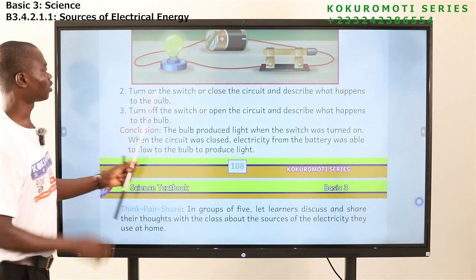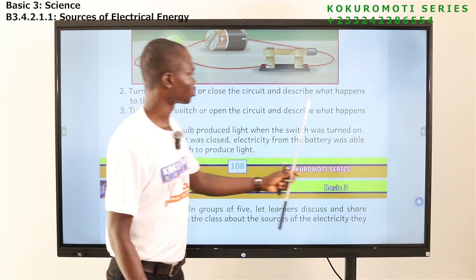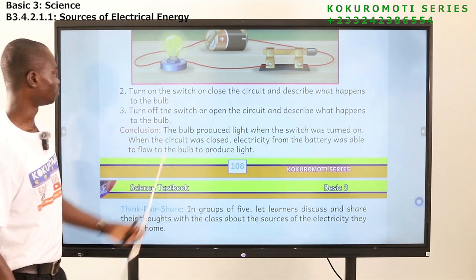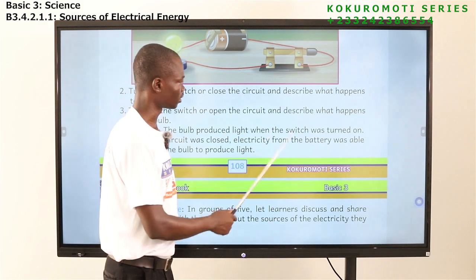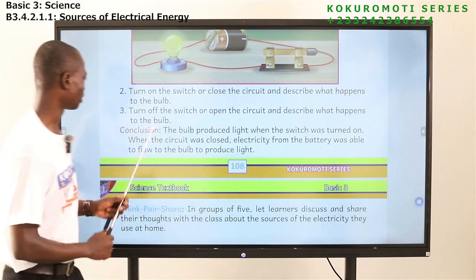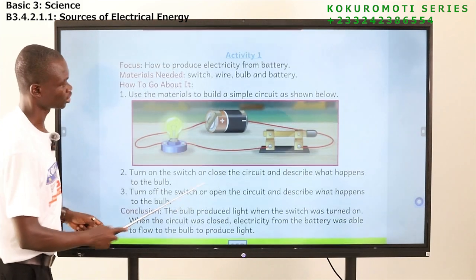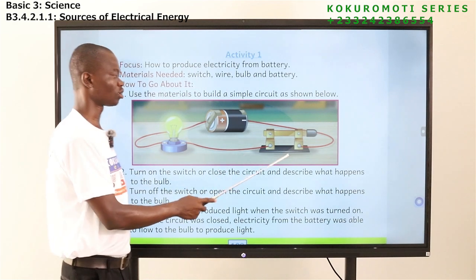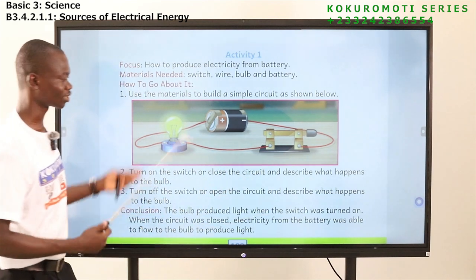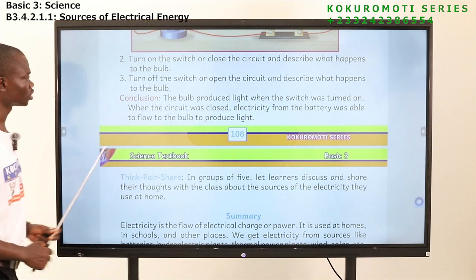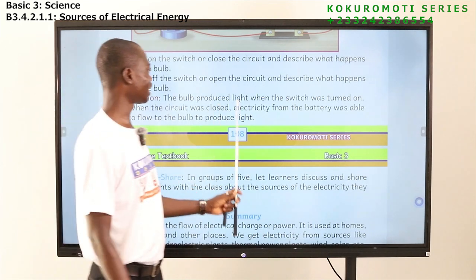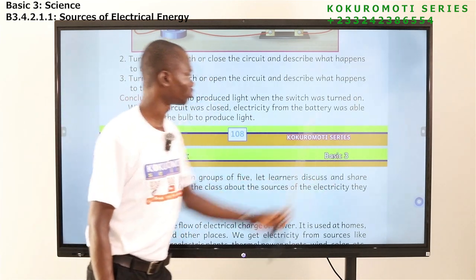Now two, turn on the switch or close the circuit and describe what happens to the bulb. Turn off the switch or open the circuit and describe what happens to the bulb. So this is the switch. When you open it or when you close it, what happens to it? Now in conclusion, the bulb produced light when the switch was turned on.